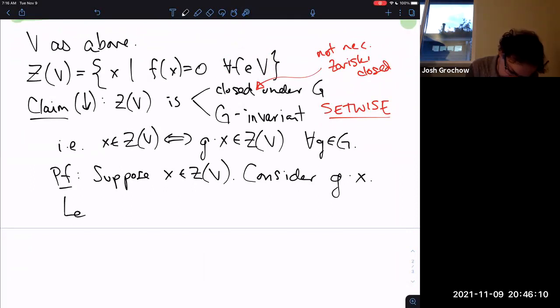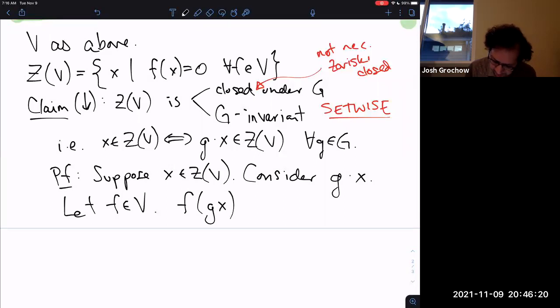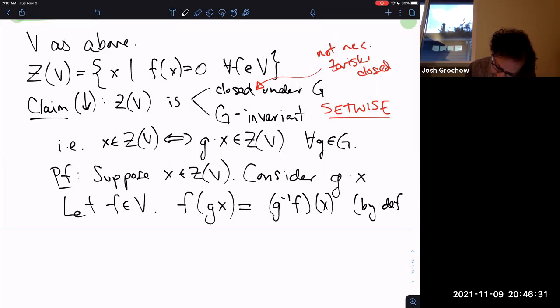So let F be any polynomial in V. And the question is, what is F of GX? Well, by definition, this is G inverse acting on F, evaluated at X. This is by definition of the action on polynomials.